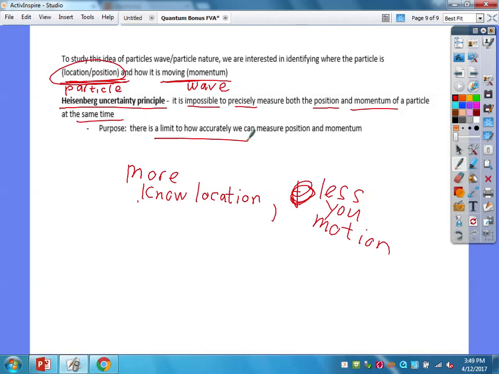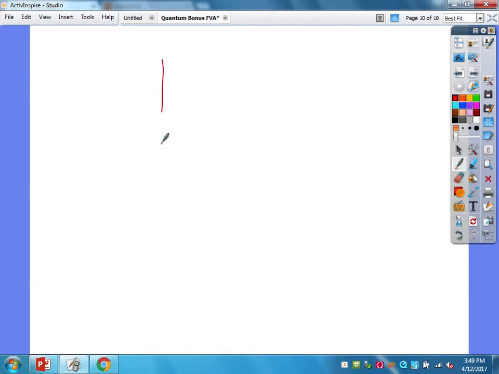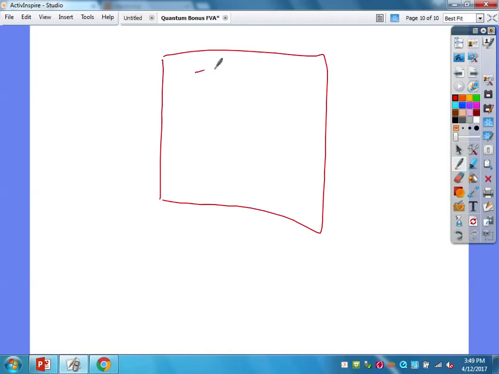But the problem is, and this is where everybody gets confused on that video, if you try to focus on which slit the object goes through. All right, so in the double slit experiment, what happens is that electron goes through, and as it says in the video, it goes through both, it goes through one, it goes through the other, and it doesn't go through any. It's just mind-boggling almost. How does that happen? All right.